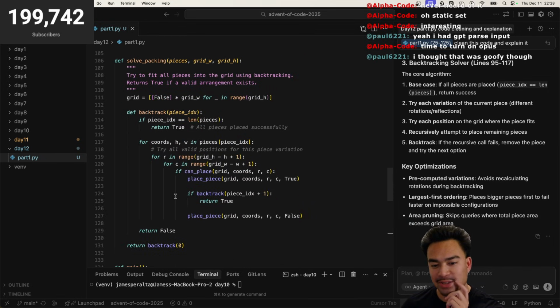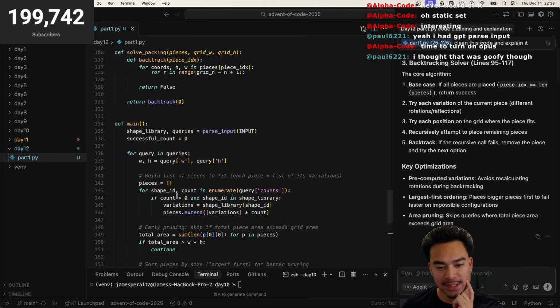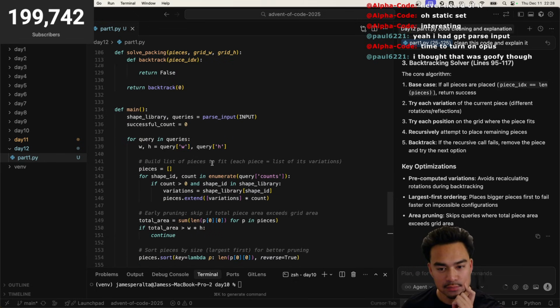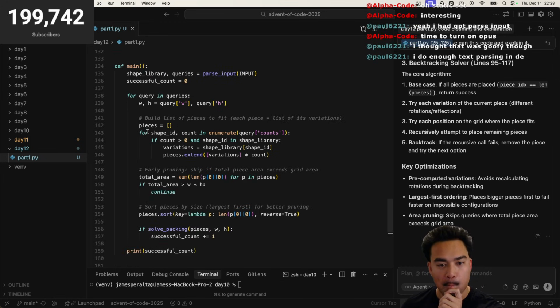When you place a piece, how do you figure out how much space it took? Sort pieces by size.